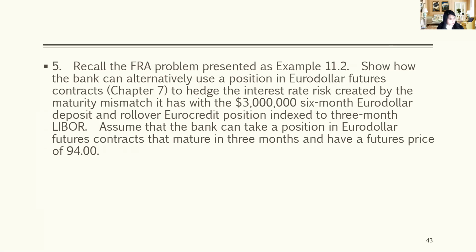Okay, moving on to the last question. Recall the FRA problem presented as example 11.2 in the textbook. Show how the bank can alternatively use a position in euro-dollar futures to hedge the interest rate risk created by the maturity mismatch it has with a 3 million 6-month euro dollar deposit and roll over euro credit position indexed to 3 months LIBOR.